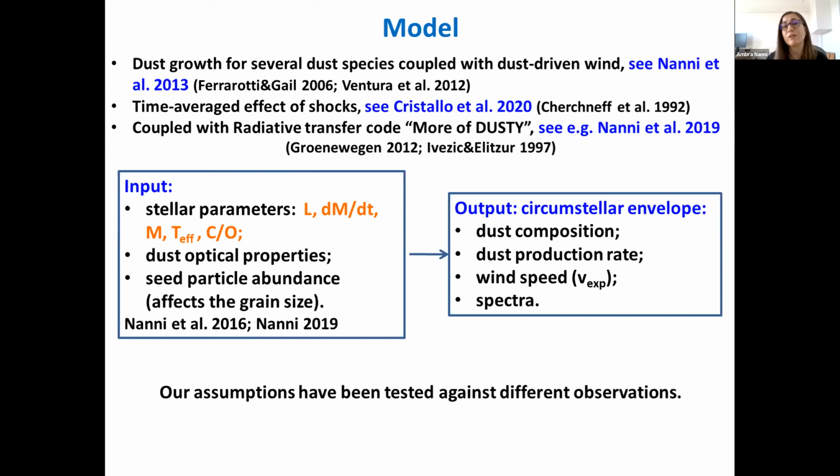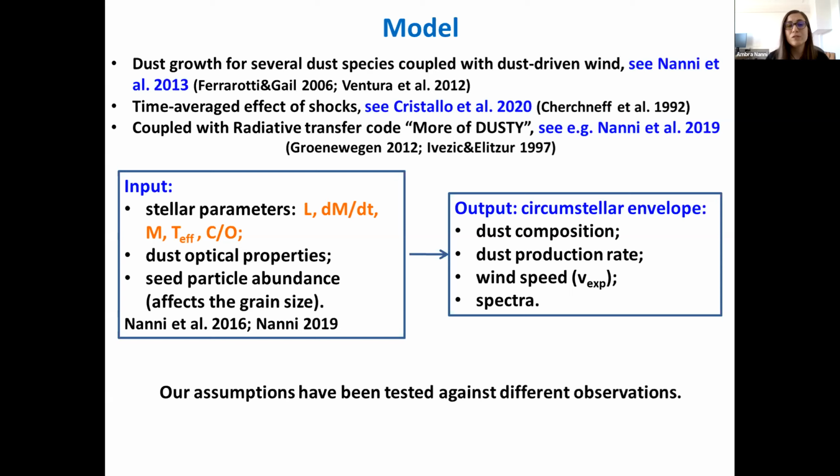This is particularly relevant, for example, in the inner part of the envelope where the density will be enhanced, and this is critical for the formation of silicon carbide. This follows more or less Cherchneff et al. 1992, even if there are some modifications to this model. And finally, we can couple the results with a radiative transfer code in order to get the spectra.